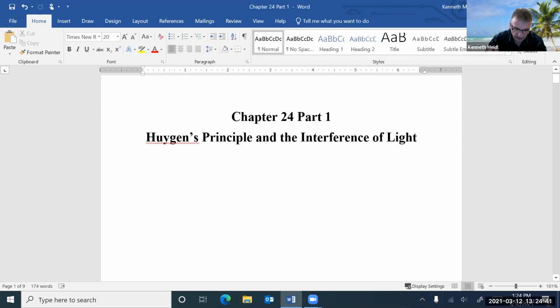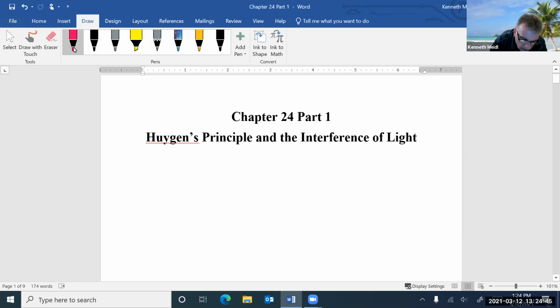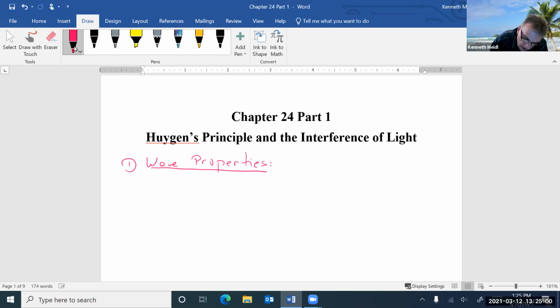And so I think when we really started this, we looked at this idea of wave properties. Waves will bounce off of some objects, and we call that reflection.